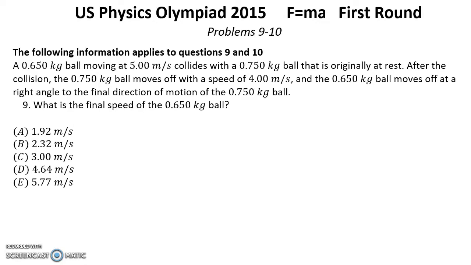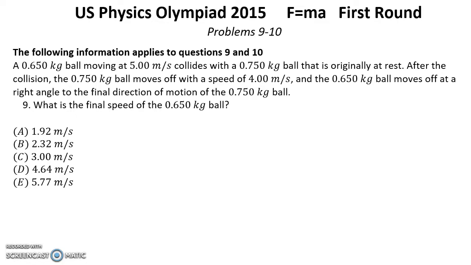After the collision, the 0.75 kg ball moves off with a speed of 4 meters per second, and the 0.65 kg ball moves off at a right angle to the final direction of motion of the 0.75 kg ball. Question 9. What is the final speed of the 0.65 kg ball?